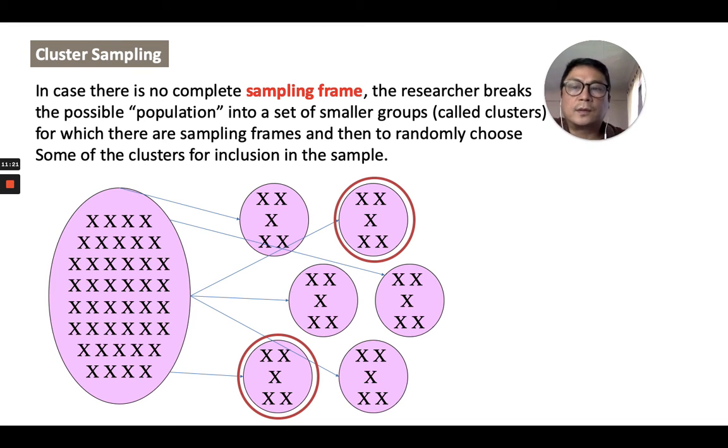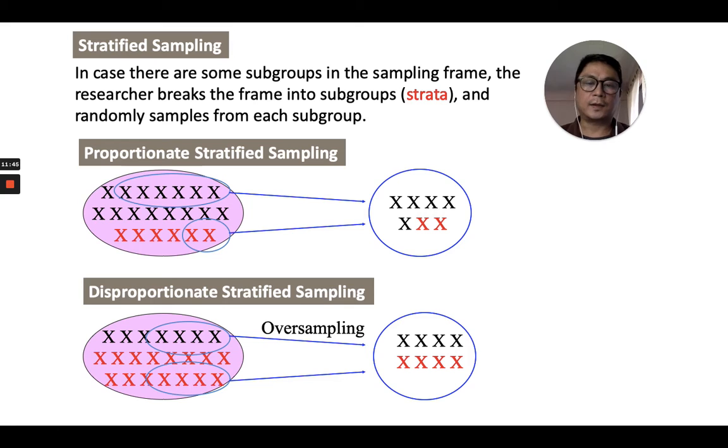Okay? So cluster sampling and stratified sampling both involve grouping members of the population or members of the sample into groups. But the difference here is this: in strata, if you remember our example earlier, here we have two groups, one group of males and one group of females.